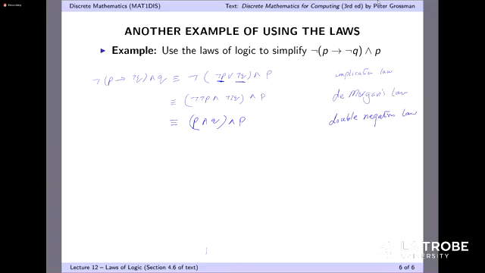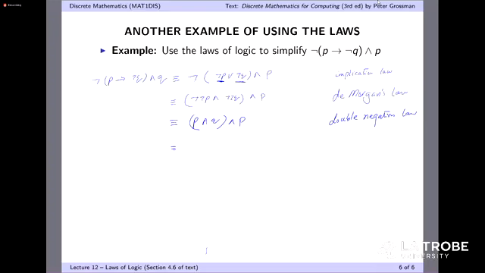And then what are we going to have? What's the last law? What else are we going to apply here?